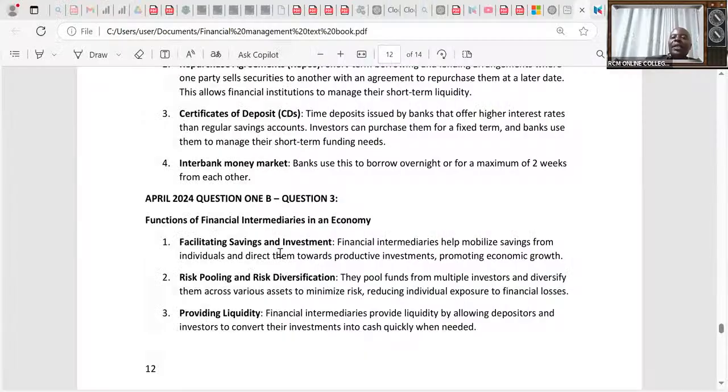So, facilitate savings and investments. Financial intermediaries help mobilize savings from individuals and direct them towards productive investments, promoting economic growth. Risk pooling and risk diversification. They pool funds from multiple investors and diversify them across various assets to minimize risk, reducing individual exposure to financial losses. Providing liquidity.